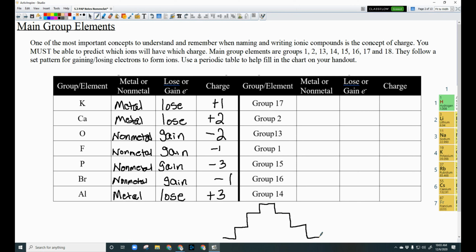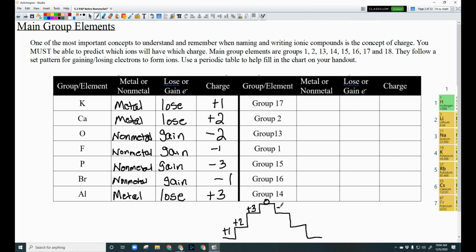And this is written across the top of your periodic table as well. So if you look at the top, you'll see this. So if this is group 1, it's going to form a +1 ion. Group 2 will form a +2. Group 13 will form a +3. Group 14 that contains carbon usually does not form ions. So we're just going to say 0. And then it's going to step back down.